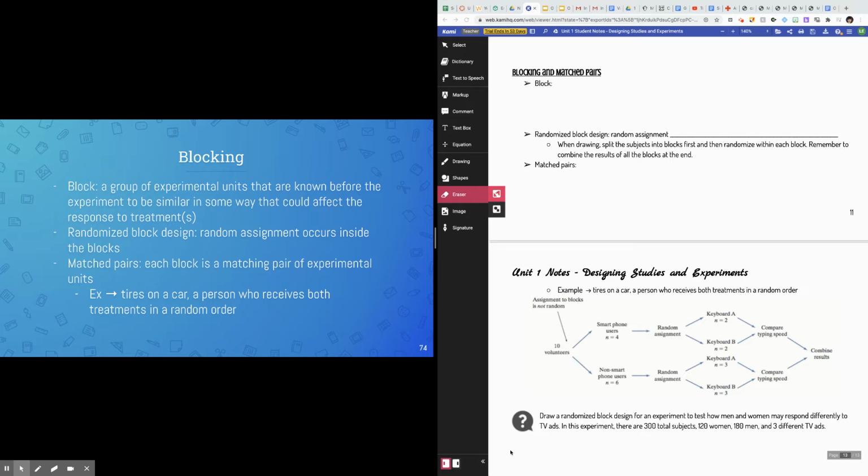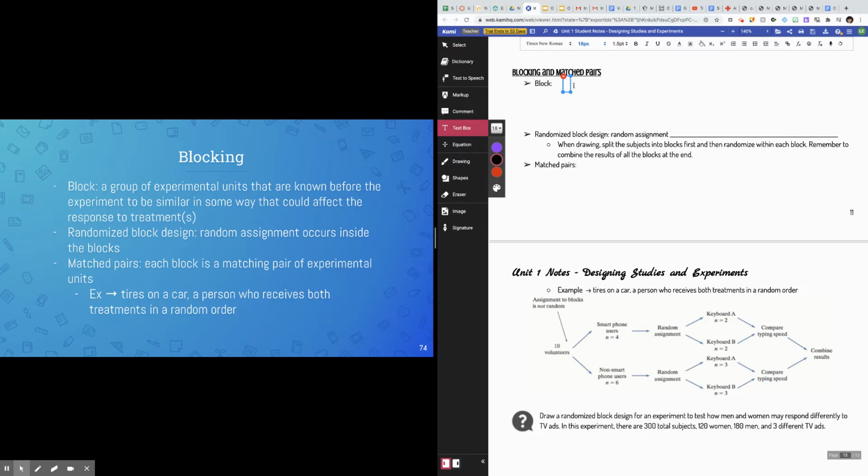We need to block by that variable, whatever it is, to eliminate any effect that particular variable might have on the response variable, the outcome of the experiment.